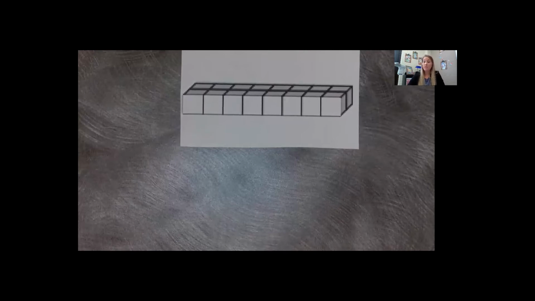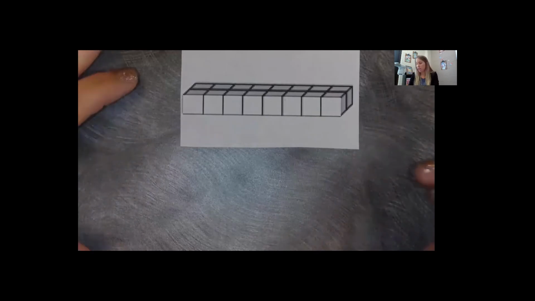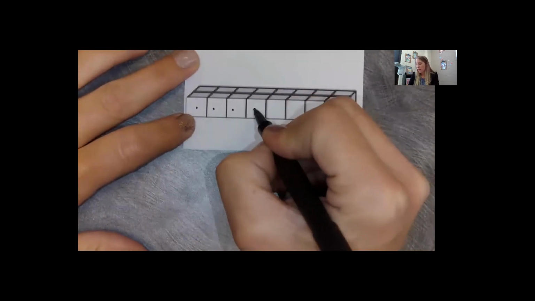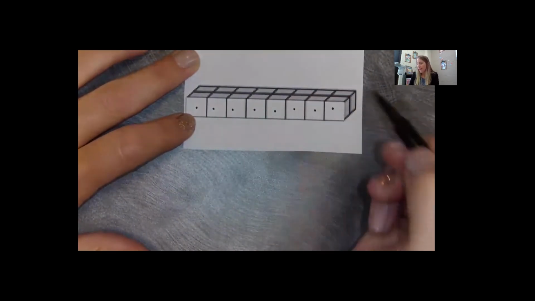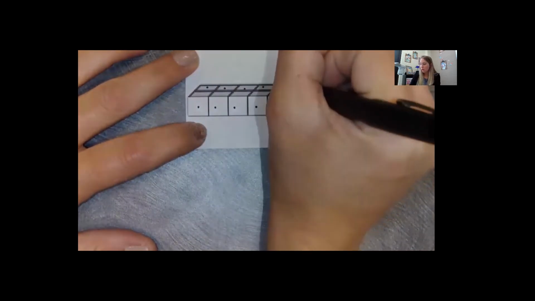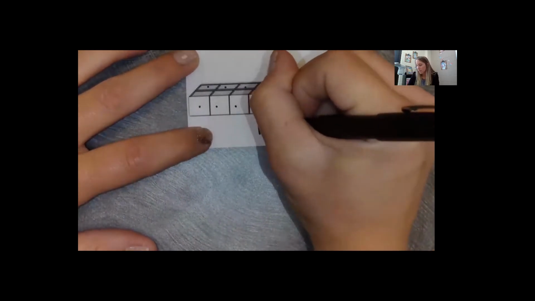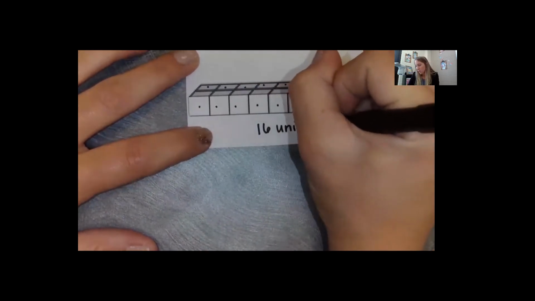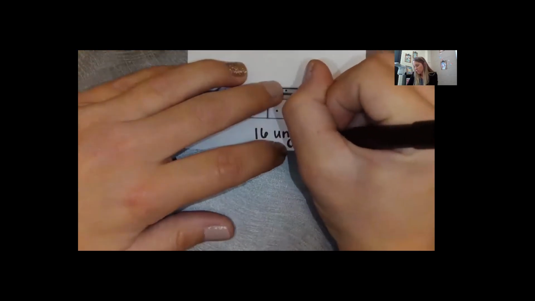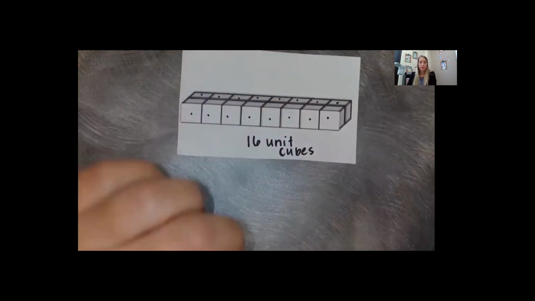To find out, I will have to count each of the unit cubes, though I can't actually see the entire cube. So let's count the number of unit cubes. 1, 2, 3, 4, 5, 6, 7, 8. And in the back, 9, 10, 11, 12, 13, 14, 15, 16. I counted 16 unit cubes.